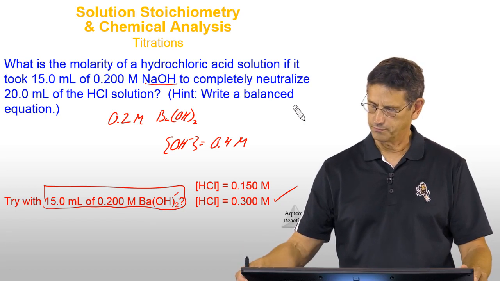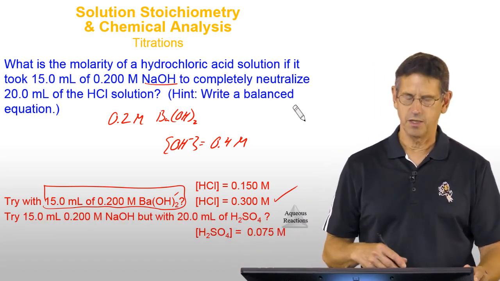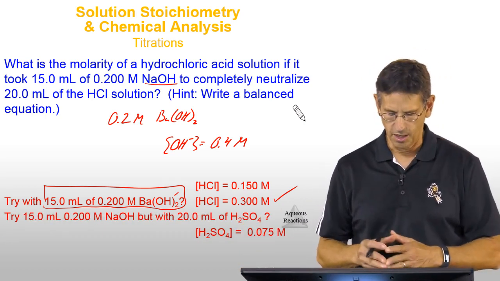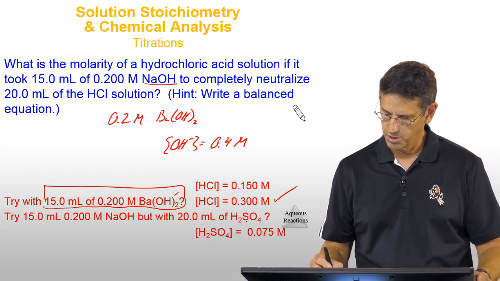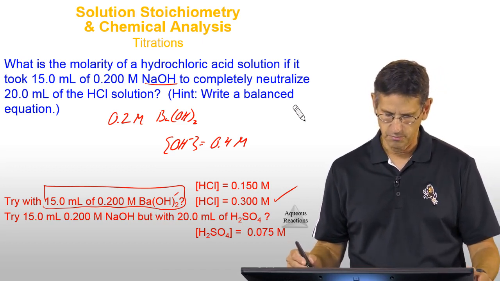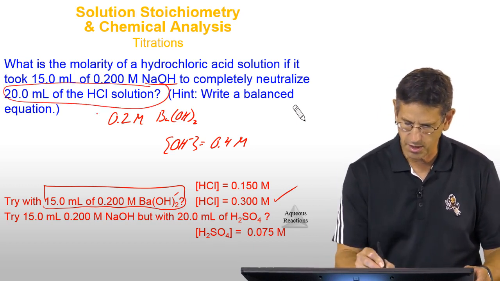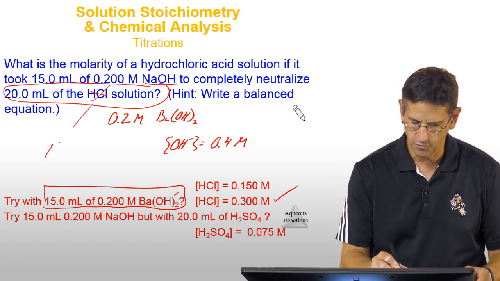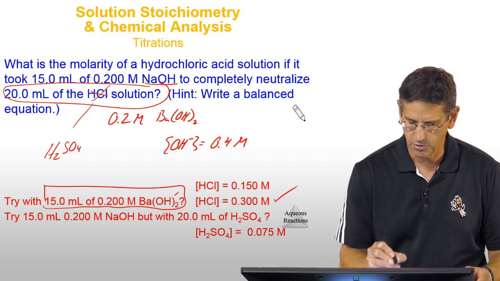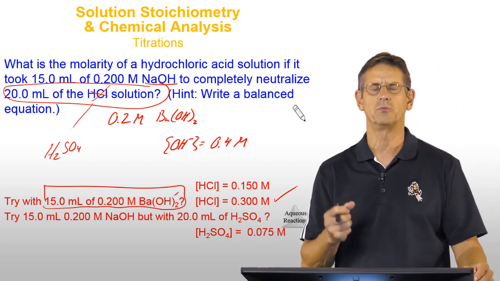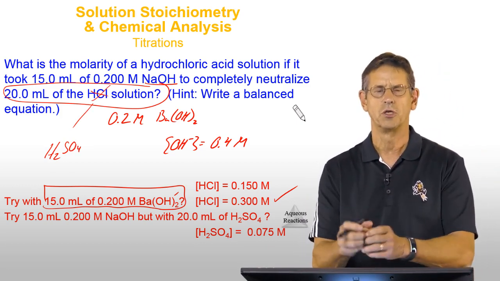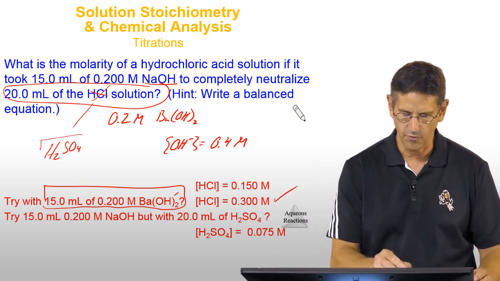Or how about this one? Try in our flask, instead of HCl, 20 mL of sulfuric acid. So in other words, make the HCl sulfuric acid. Now, sulfuric acid is a diprotic acid, meaning it supplies 2 protons per molecule of H2SO4.